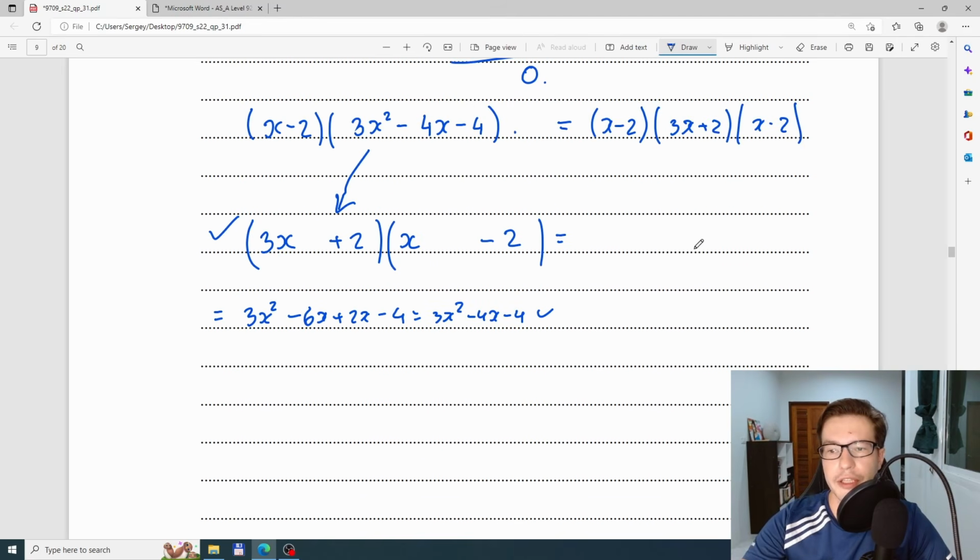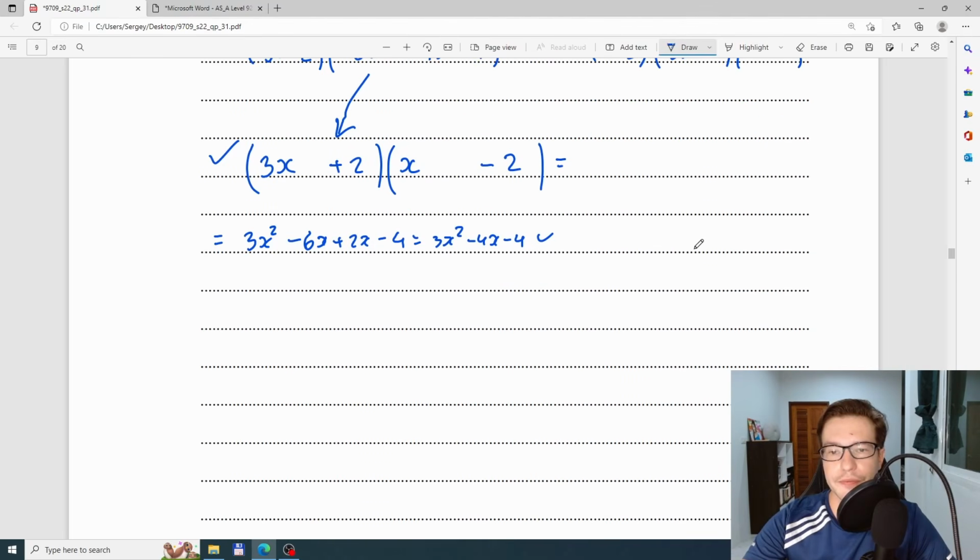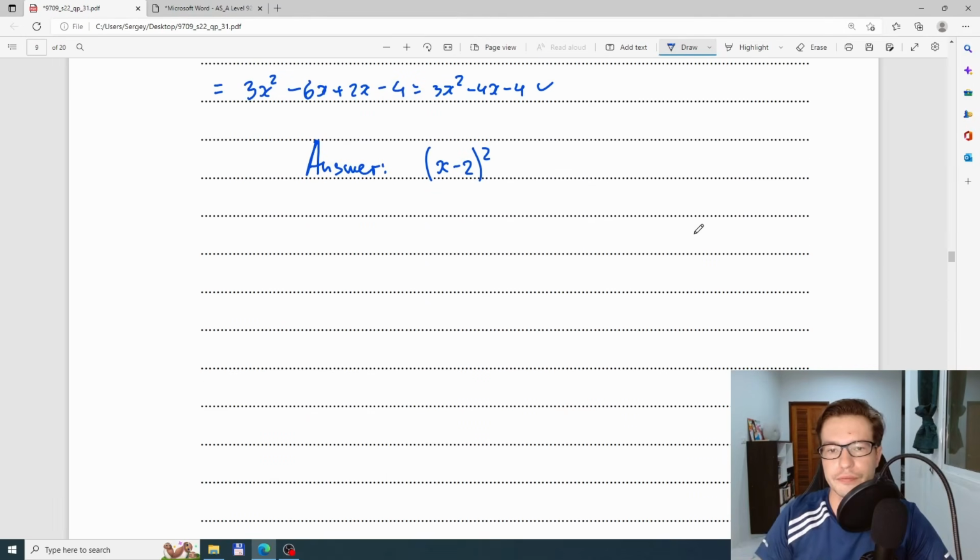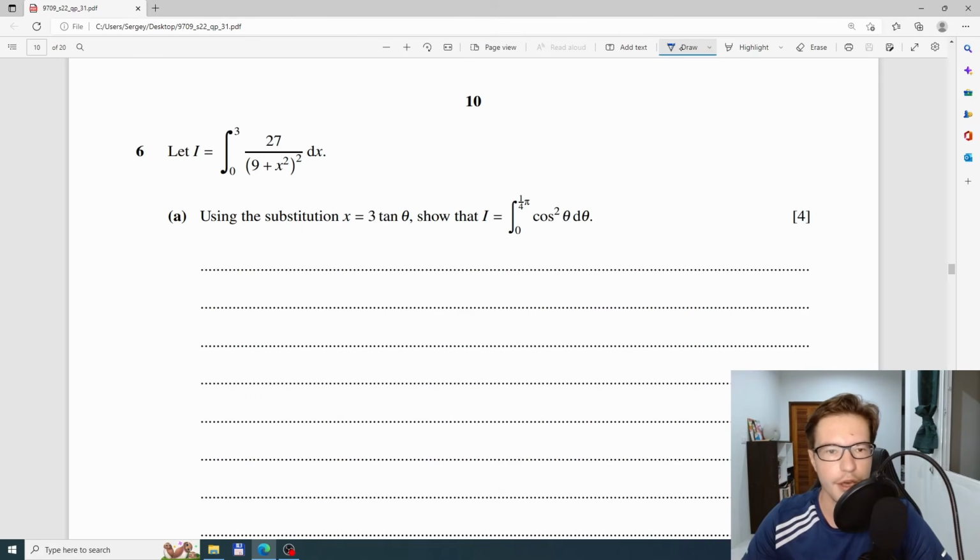And then we can combine the x minus 2. That will be x minus 2 squared times 3x plus 2. That's the final answer. Okay, let's move on.